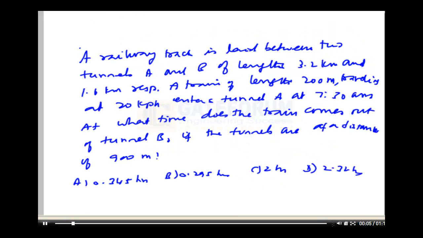A track is laid between two tunnels A and B of length 3.2 kilometers and 1.6 kilometers respectively. A train of length 200 meters traveling at 20 kilometers per hour enters tunnel A at 7:30 a.m. At what time does the train come out of tunnel B if the tunnels are at a distance of 900 meters?